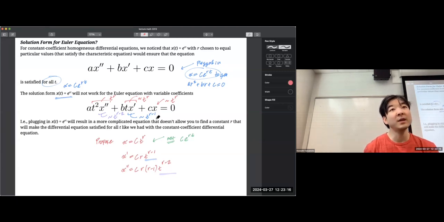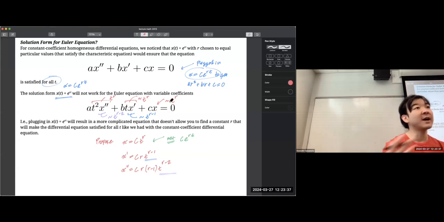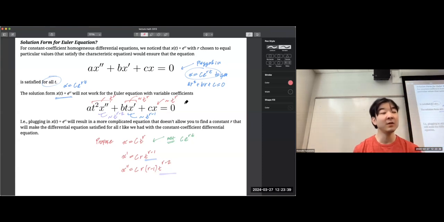And there's hope that we can actually get them to eliminate each other now. You can't get a t squared e to the rt to eliminate a t e to the rt. If you can get all of them to be the same up to a constant, then you can try to find the constant that would make all these eliminate each other.